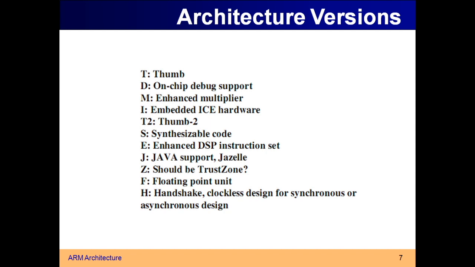Then the next one, D, stands for on-chip debug. General debug means what? If you want to debug a program, how will you do it? You need to go line by line. Similarly, if you want to debug a program executing on a microprocessor or a microcontroller, you need to have another external debugger for checking this. Usually it is done like that.